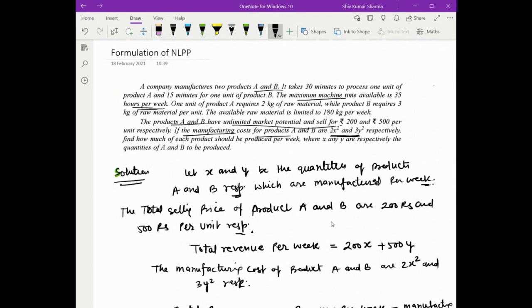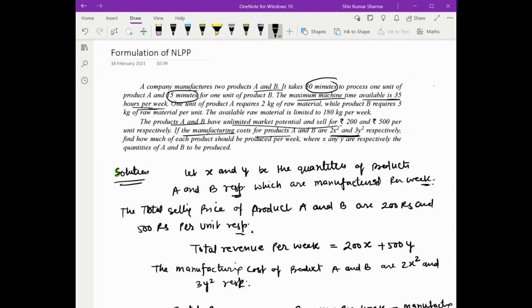And the maximum machine time available is 35 hours per week. This is given here in minutes: 30 minutes process time of product A and 15 minutes process time of product B, and we have the total available time in hours.